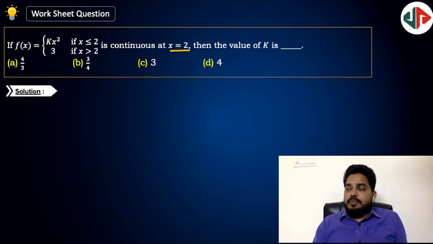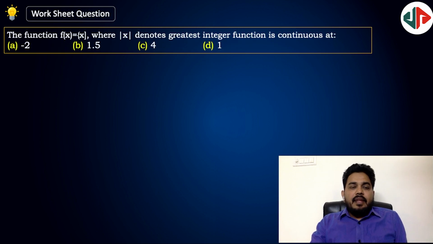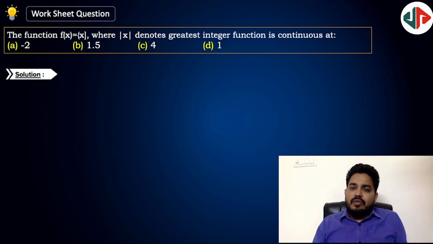Continuous at 2. So left limit is 4k, right limit is 3. K is equal to 3 by 4. F of x is equal to step x. The function is continuous at... See, step x graph is clearly, we'll talk about the step x always discontinuous at integral values.